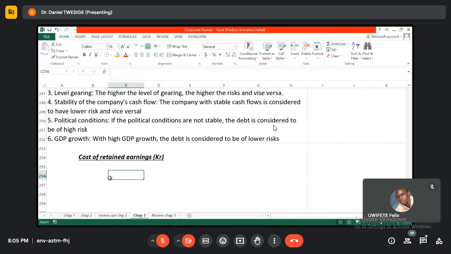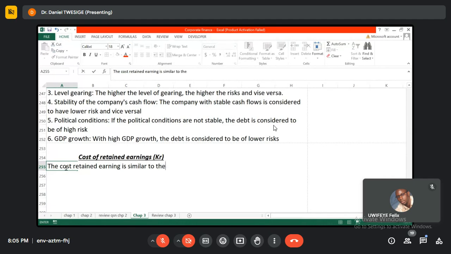So in that case, the cost is similar to the cost of who? So the cost of retained earnings is similar to the cost of common stock.